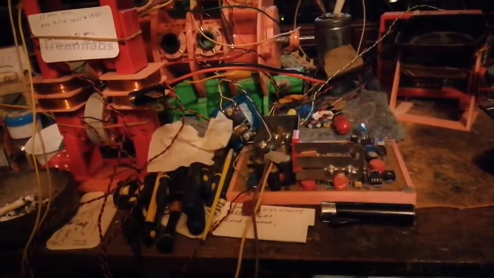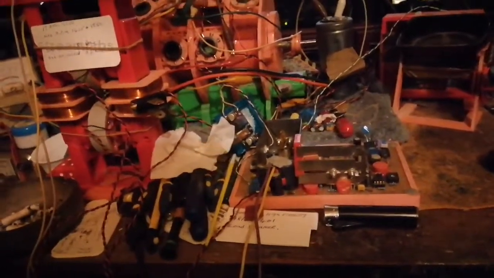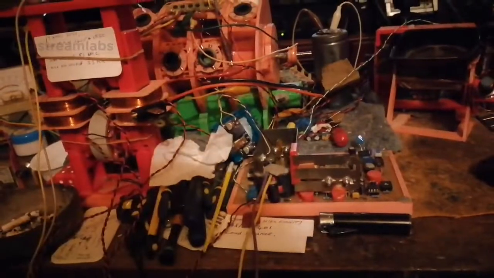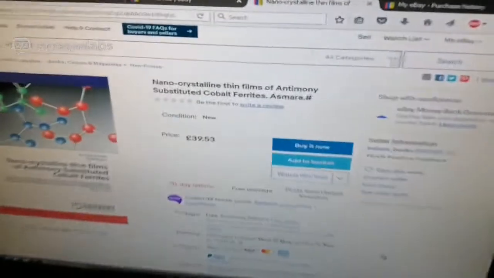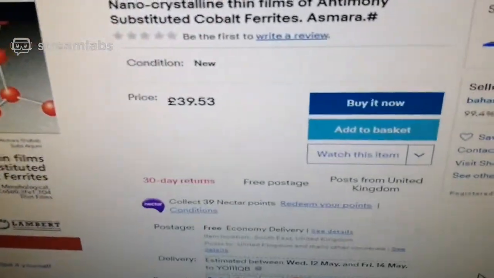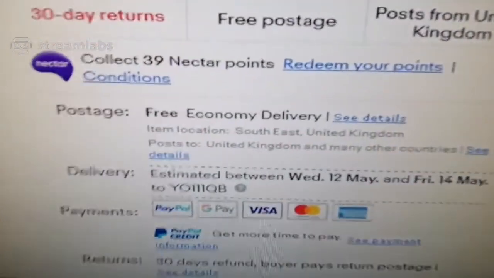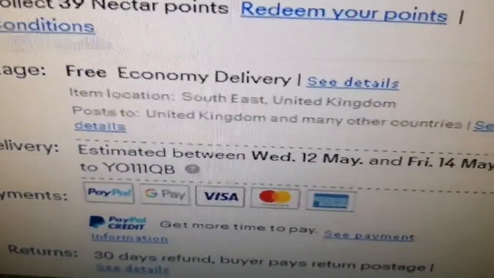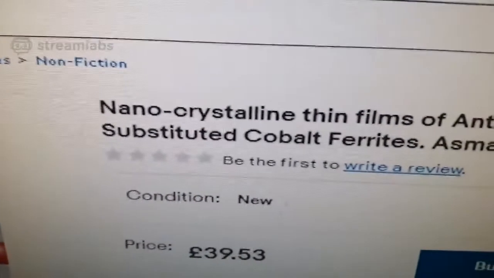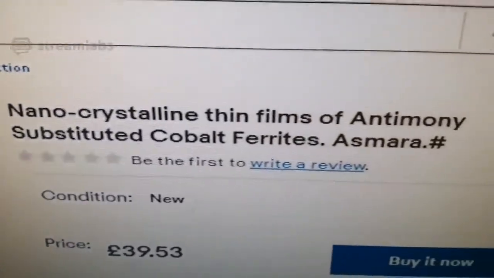Now, I've got a bit of news actually, but I don't know if it's good or bad. I noticed that a company on eBay has started selling nanocrystalline thin films. And the bad news is, as I explained, it's pretty expensive stuff. So at least we've got one supplier in the United Kingdom selling nanocrystalline thin films.